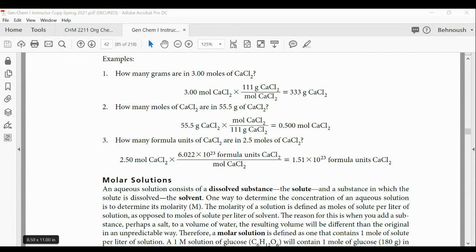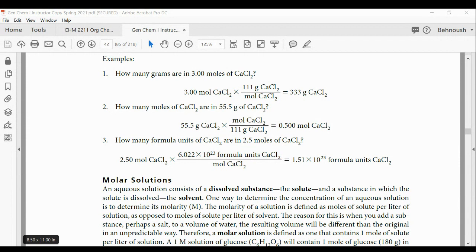So if you say NaCl, that's the formula unit for sodium chloride, because sodium chloride is an ionic compound. You don't say molecular formula. But a formula unit is just one combination of the cation and anion.